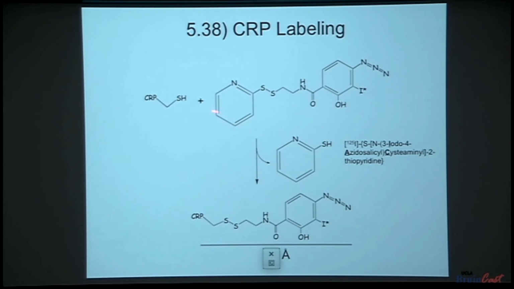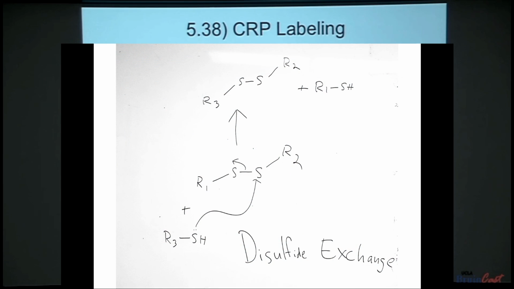And so now they can just mix these two things together, and under the correct reaction conditions, disulfide exchange will occur. In disulfide exchange, you just have a disulfide bond. Sorry. The videographer must be asleep at the switch because he failed to capture what I was writing on the board.